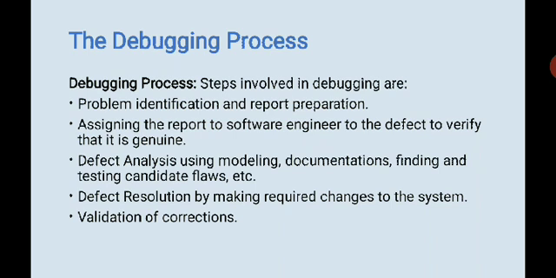Then comes defect resolution by making required changes to the system, and in the end, validation of corrections. You validate that the corrections you have made in the system are actually valid, and that the system actually works.